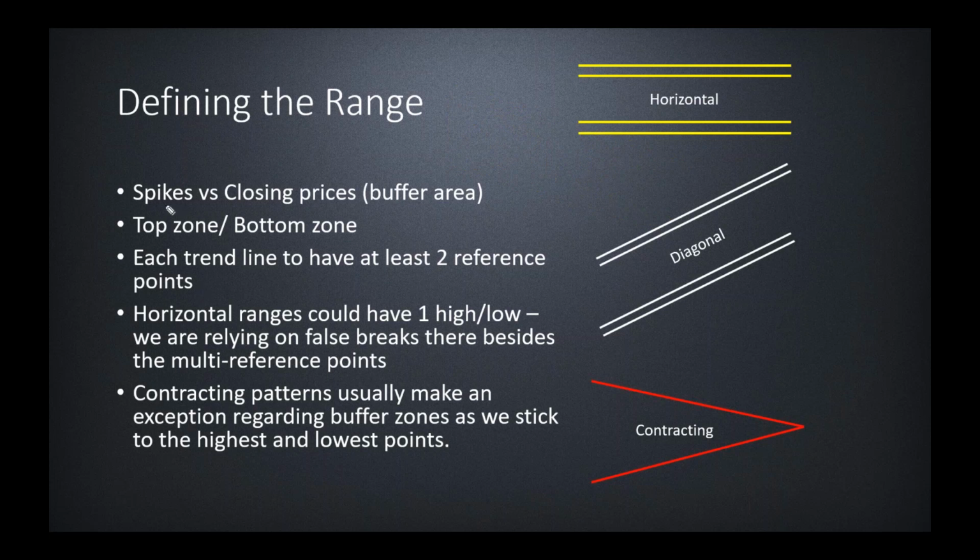And this is why my idea, okay, comes from there. That means we create a buffer zone, which is a small resistance zone and a small horizontal zone inside the range we're trading, in order to cover all these spikes, in order to cover the closing points.